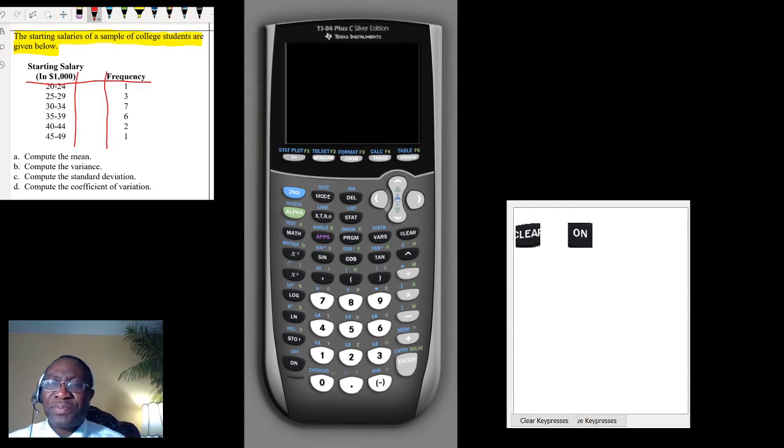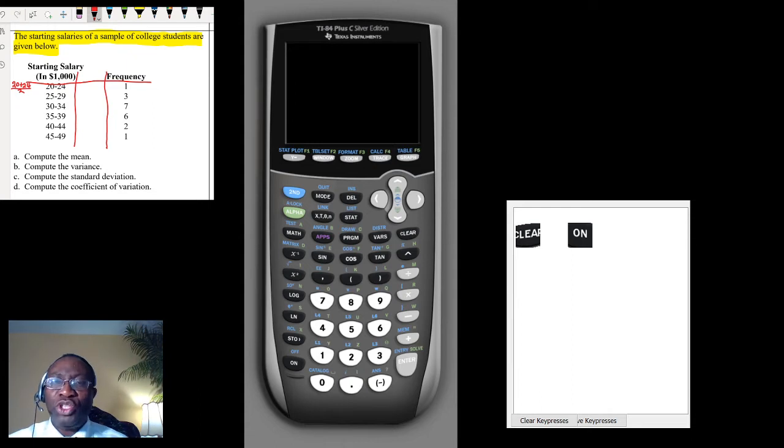Now, the midpoint can be found by taking the lower class limit, adding it to the upper class limit of a particular class, and then dividing the result by 2. So for example, for the first one, we could take 20, add it to 24, and divide the result by 2.